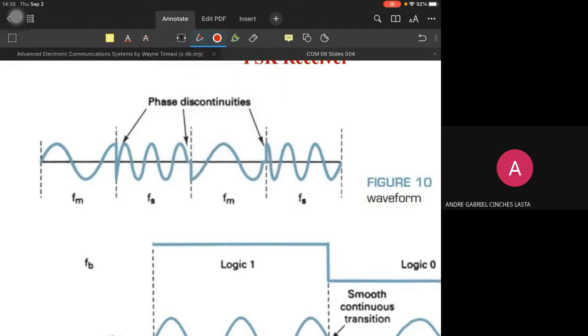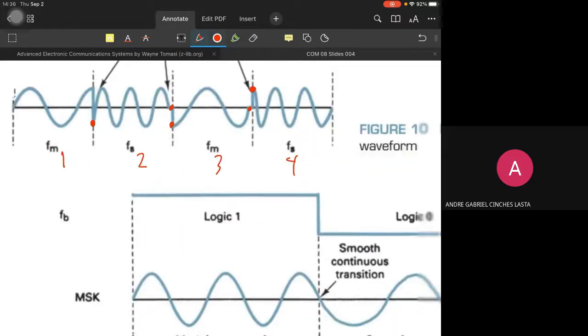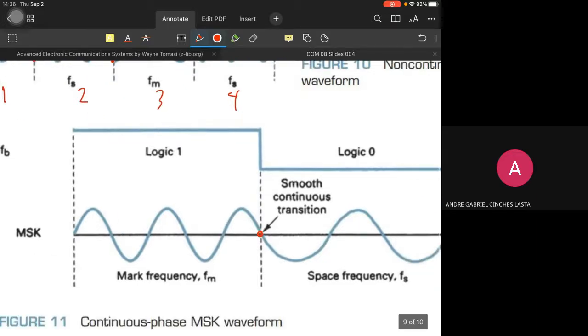So, let's say, for example, this is 1, 2, 3, 4. Si 2 is dili na nagsugod. Dili siya nag-end. Si 3, dili gyapon nagsugod. Dili siya nag-end. Si 4, dili nagsugod. So, dili parehas. Unlike kay continuous, dili man siya nag-end.